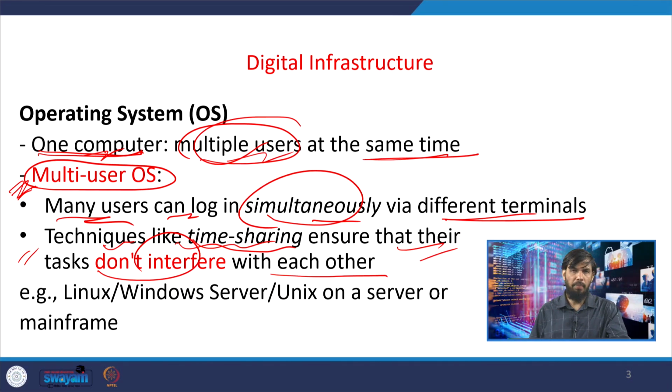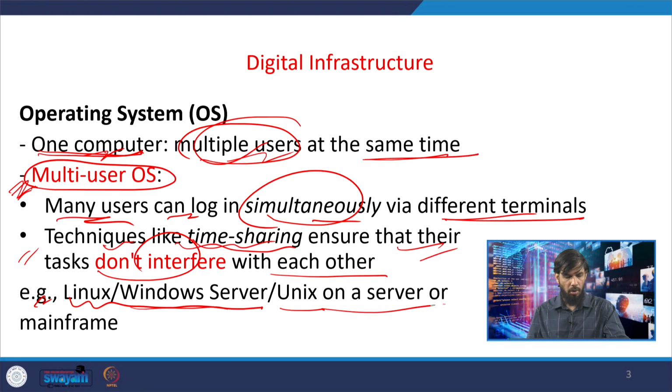So what are the examples for this? You can see Linux, Windows Server. Essentially we are talking about a server computer, and server computers more often than not are designed to cater to multiple users, and therefore the operating systems also support the multi-user scenario. Linux, Windows Server, or Unix on a server or a mainframe are examples.